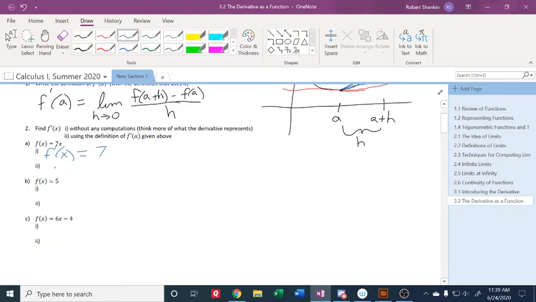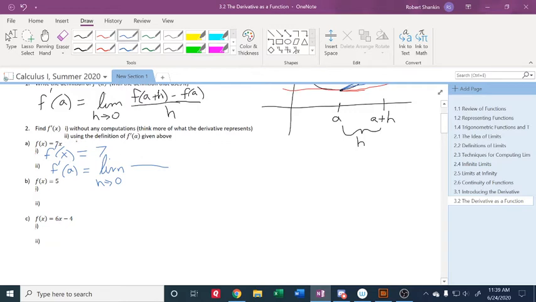Now, when we do f prime, we really don't know how to do f prime of x. We know how to do f prime of a. So let's do a according to the definition right up here. It's the limit as h approaches 0. I'm going to write this formula right here, f of a plus h. But what is the f function?